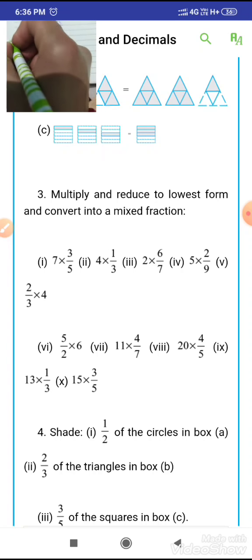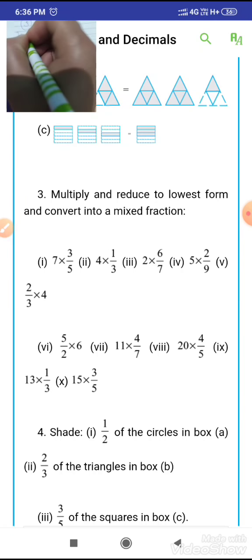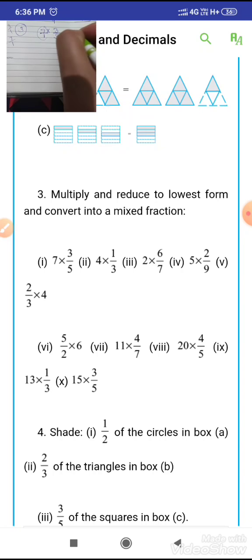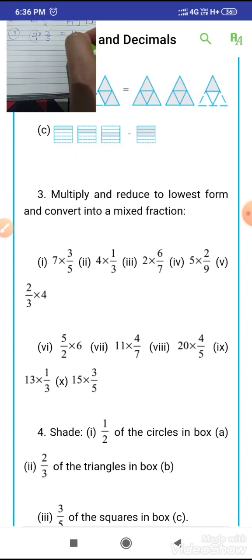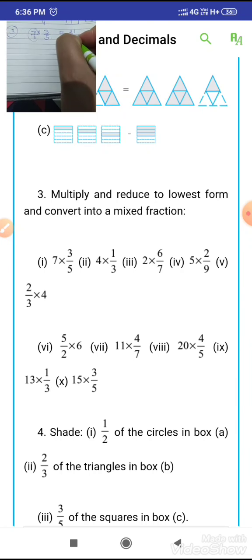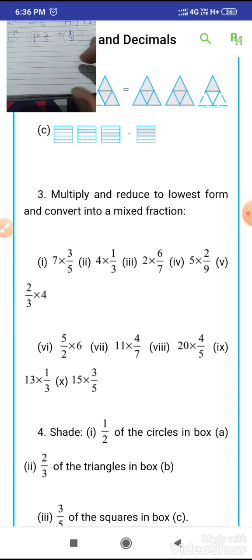Because we can write 7 as 7 upon 1, 3 as 3 upon 1, 2 as 2 upon 1, and so on. So after multiplying 7 by 3, we have 21 in the numerator, and after multiplying 1 by 5, we have 5 in the denominator. This fraction is an improper fraction, and we reduce it into a mixed fraction.